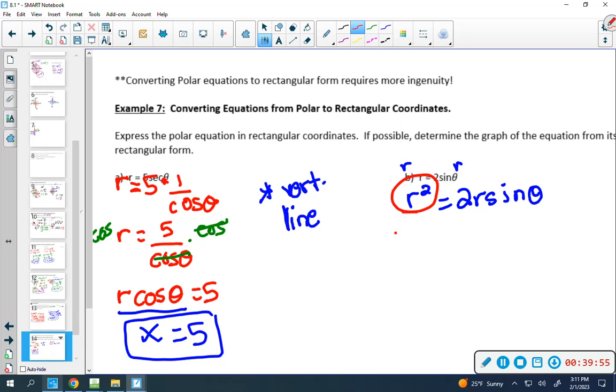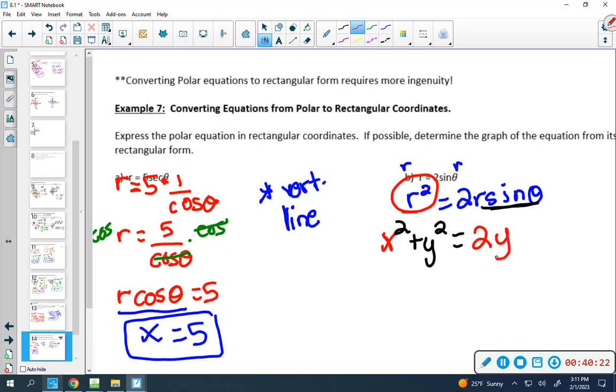I'm trying to write x squared plus y squared and not totally yell at my Chromebook. And on the right side, your r sine theta, there's your y. I'm trying to write 2y, if that's possible.